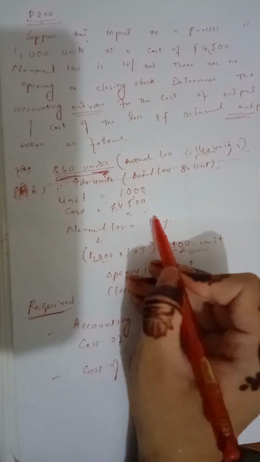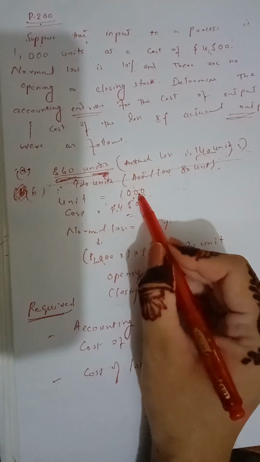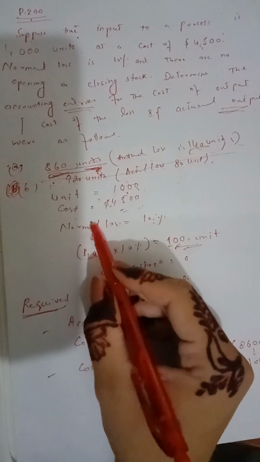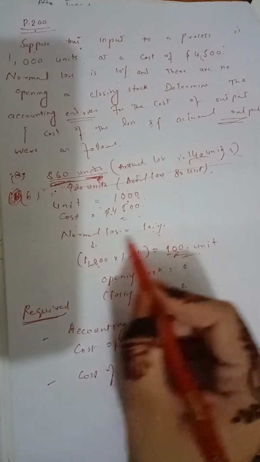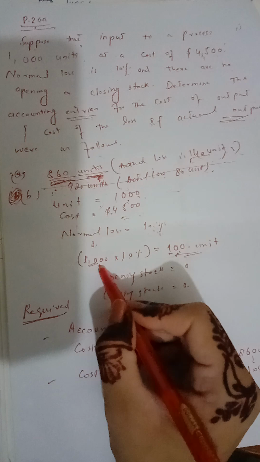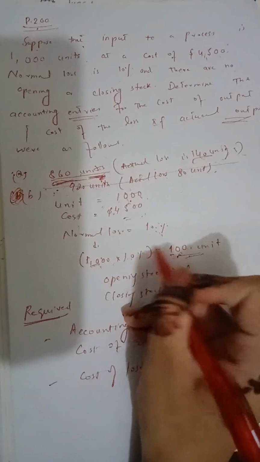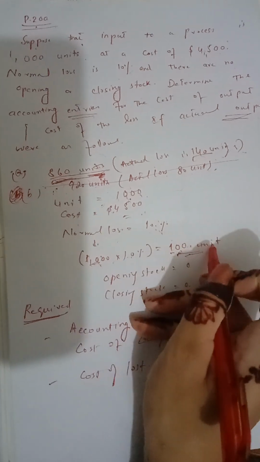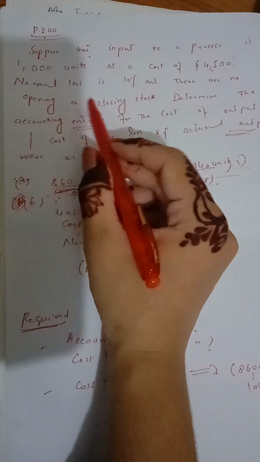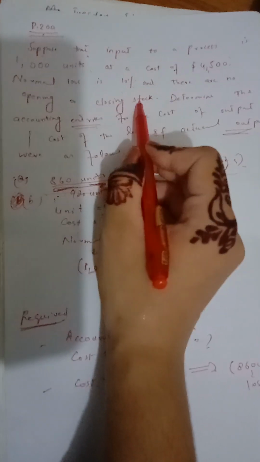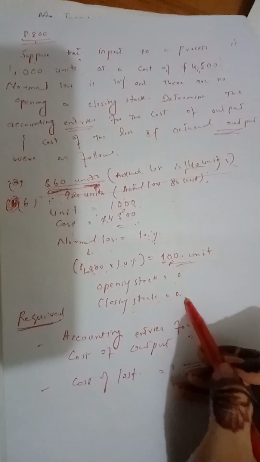The normal loss of 10% is on the 1000 units, so we take 10% of 1000, which is 100, meaning our normal loss is 100 units. Next, they said there is no opening or closing stock, so the opening stock is 0 and the closing stock is 0.